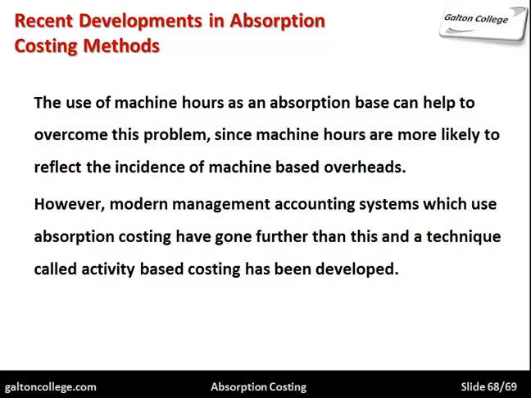And then there are the issues of looking at the base on which the absorption should be placed. Should it be based on labour, or on machine time, or on some other method? So it's important to separate out these points and make your own notes associated with them.